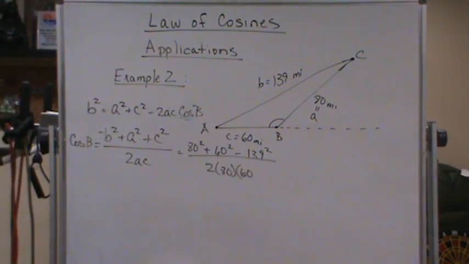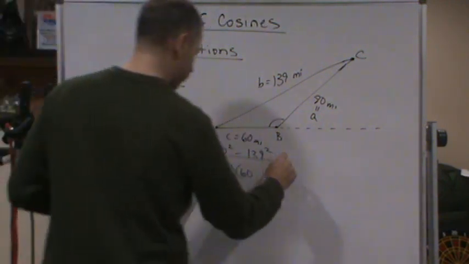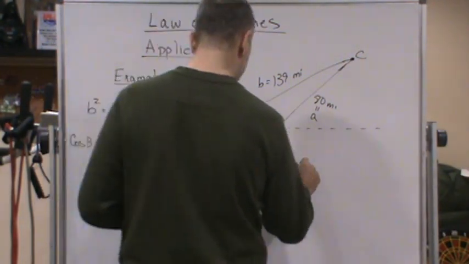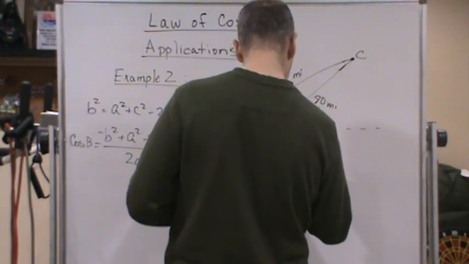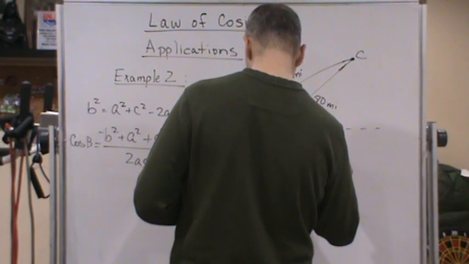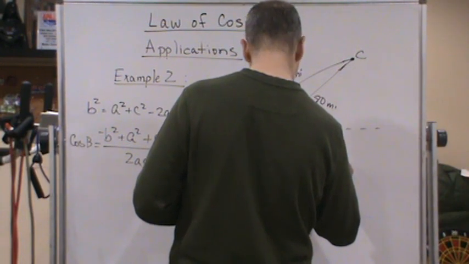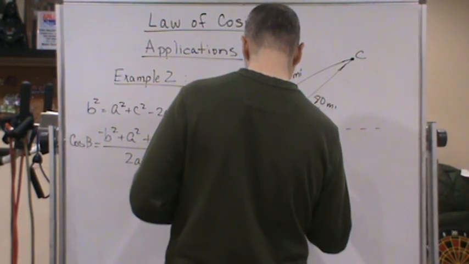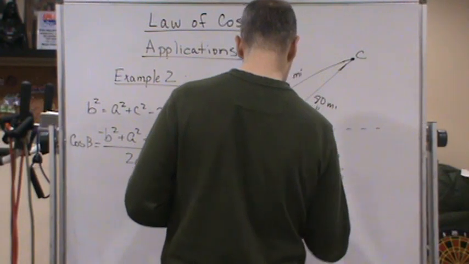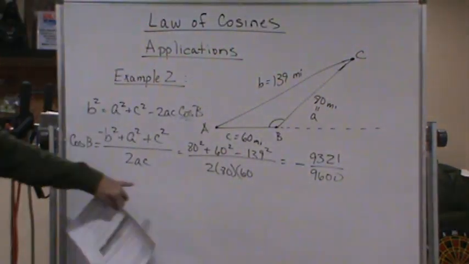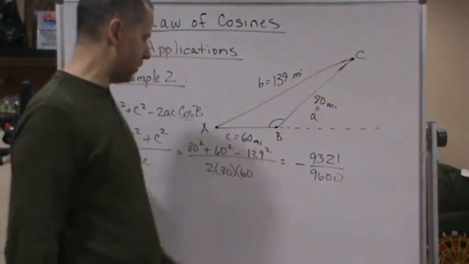Okay. And so, what do we get? If we plug all this in, be careful, we get negative 9,321 over 9,600, right? So the cosine of B is negative, so we know this is going to be an obtuse angle, right?